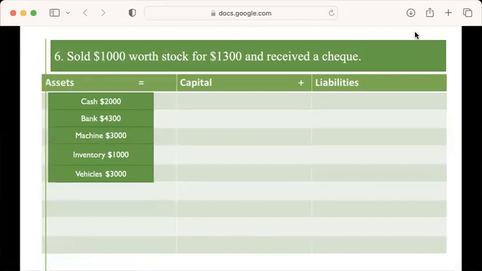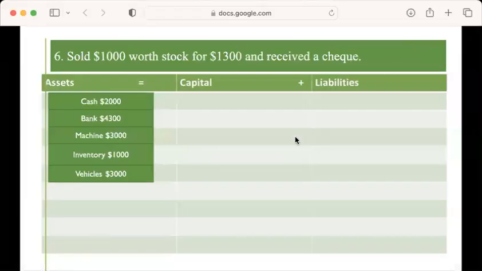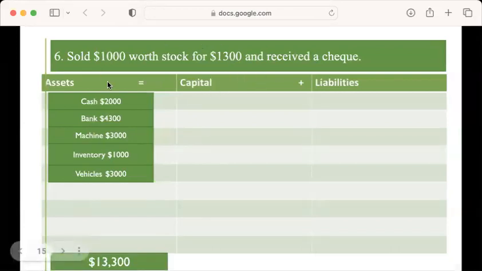All right. So think what happens to profit. As you guessed it, the profit goes to the owner. We have not yet given it, so we owe that £300 to the owner. If you add the left side or the asset side here, it adds up to 13,300 because the cash at bank increased by 300 more than the stock that we gave.